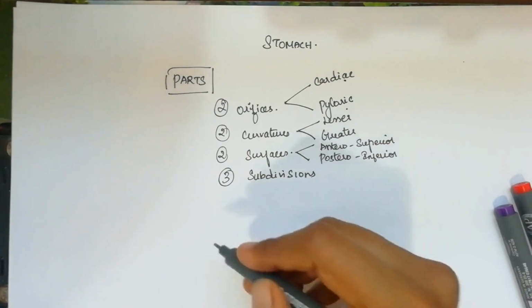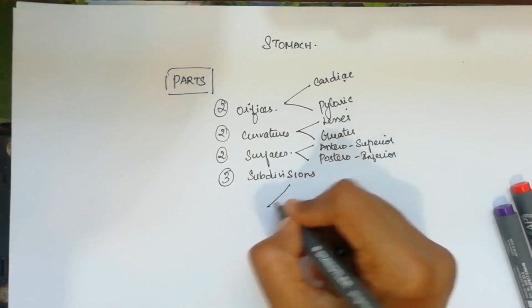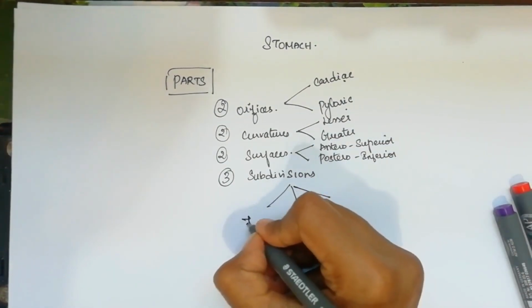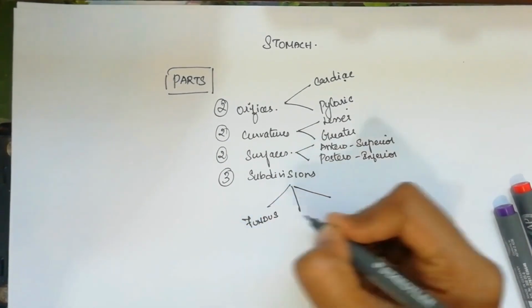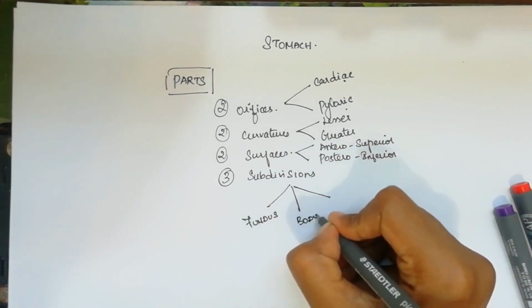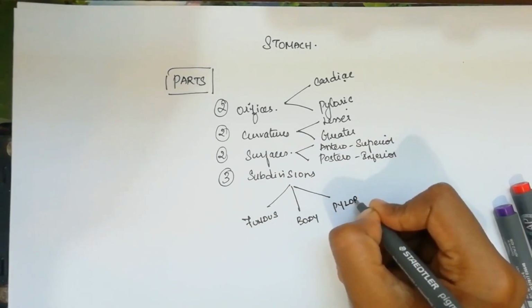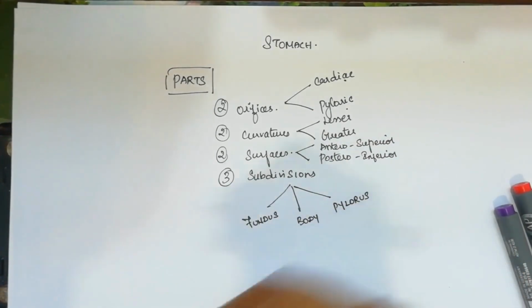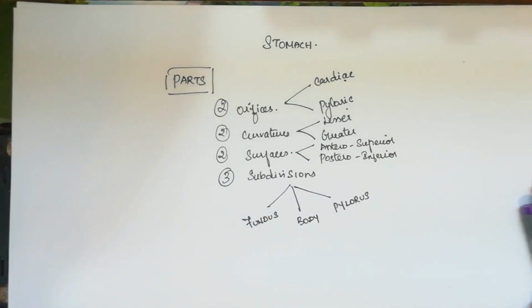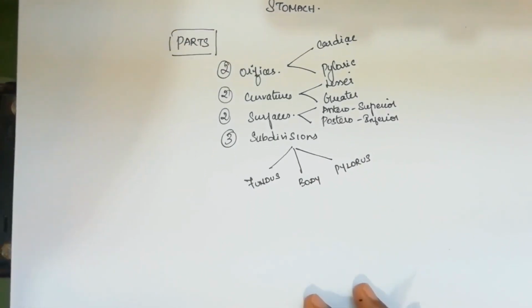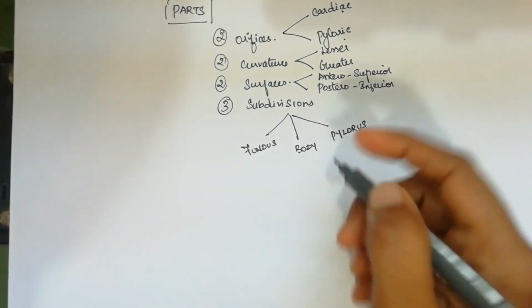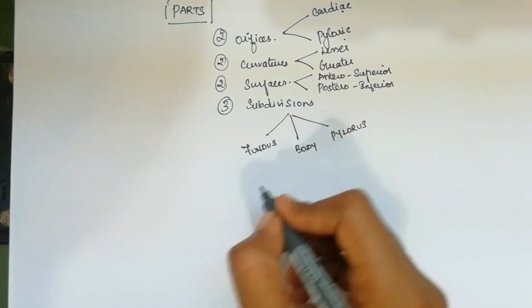And talking about subdivisions, we have got three: the fundus of stomach, the body of stomach, and the pylorus of stomach. Now we will see about the orifices first, the cardiac and pyloric orifice.